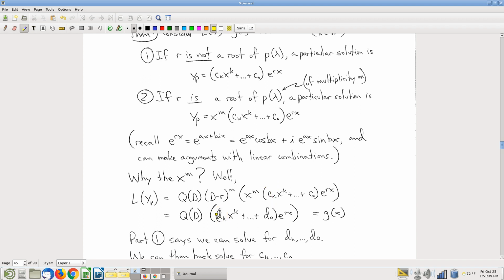And that is algebra that's pretty doable. Color switch. Again, we know what a D minus r does to a power of x.